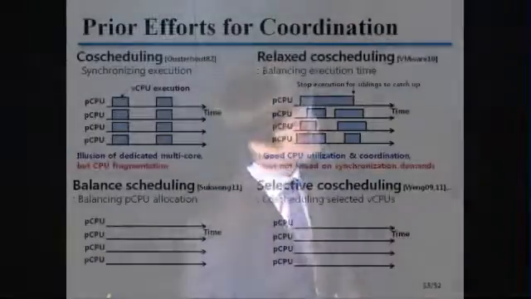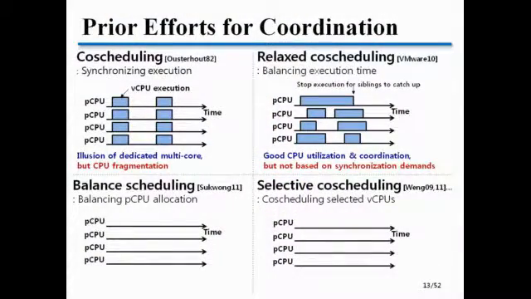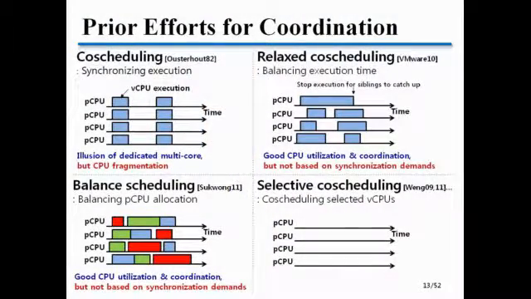In order to relieve this, relaxed coscheduling, invented by VMware, tried to loosely balance the execution time of the vCPUs. Similarly, balanced scheduling simply allocates the sibling vCPUs to different physical CPUs for the execution to be balanced. Those two schemes can achieve high CPU utilization as well as reasonable coordination.